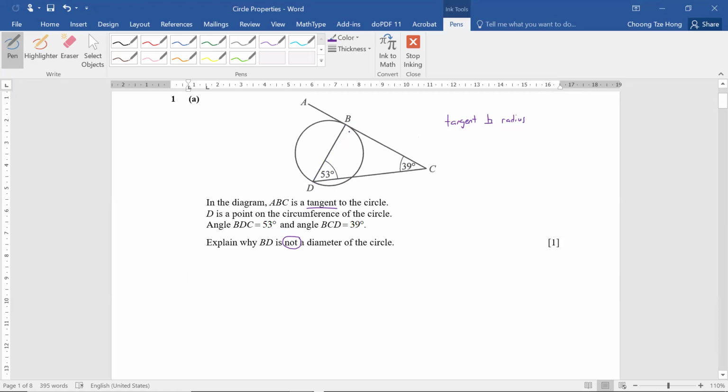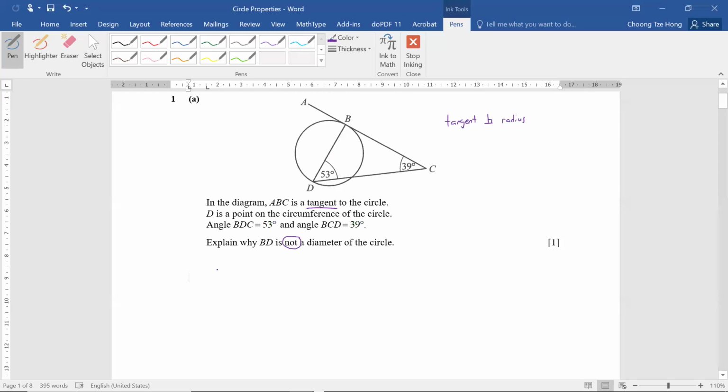If DBC is not 90, then we know that DB will not be the diameter. Because if DB is the diameter, it means it passes through the center. If it passes through the center, that means the diameter is just 2 times the radius. So the tangent perpendicular to radius property will then kick in, and it will be 90 degrees. Let's go ahead and try to find angle DBC.